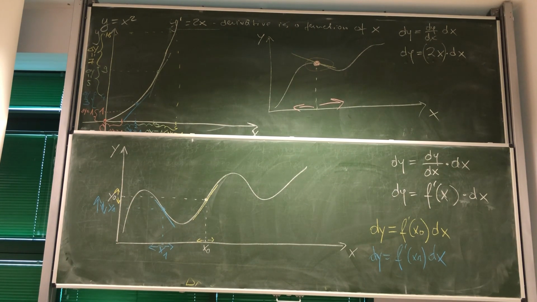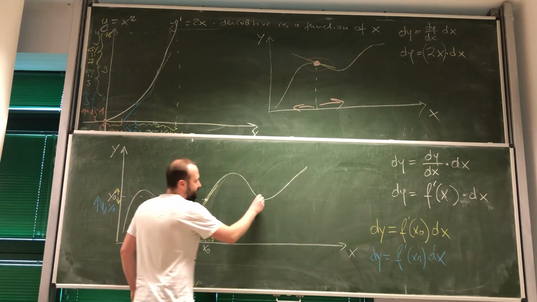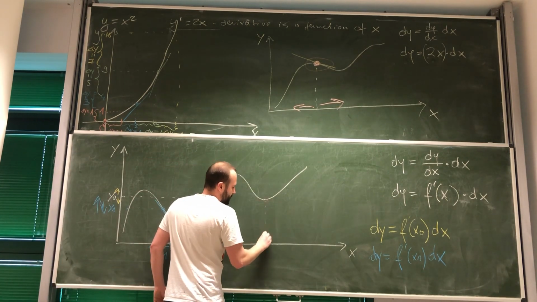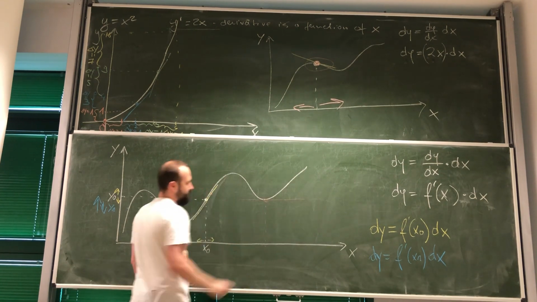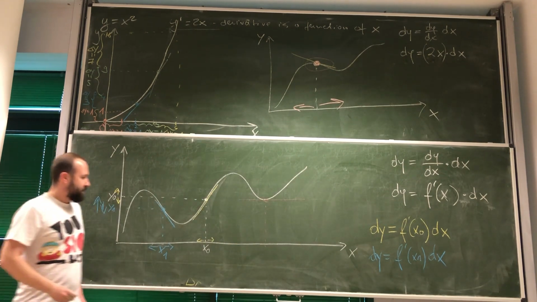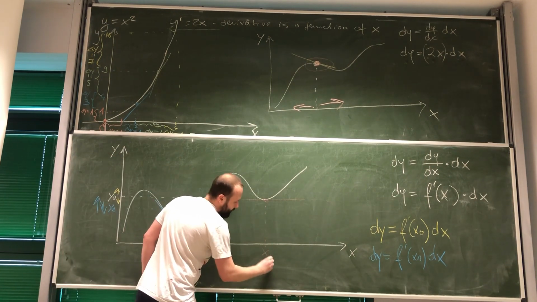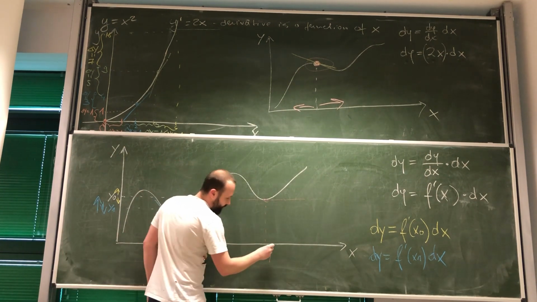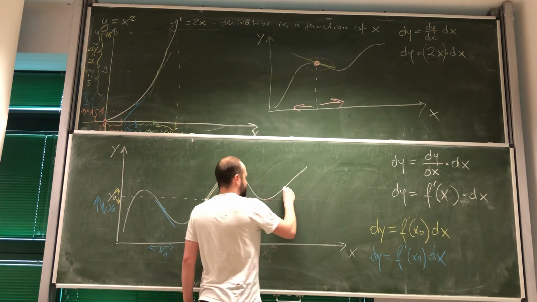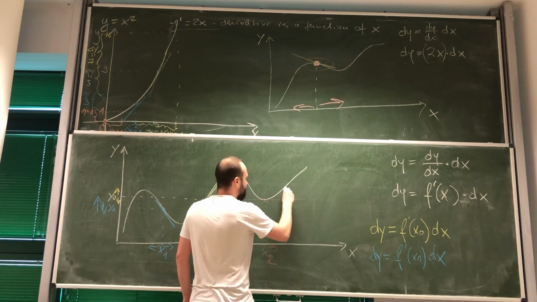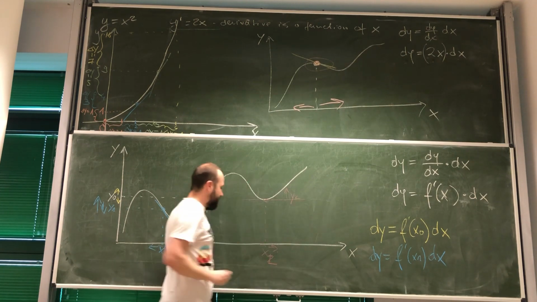Now, what if we are at the top or at the bottom? Doesn't really matter. Look, here the value of the derivative is 0, right? So at x2, what do we see? That if x increases, y2 increases.